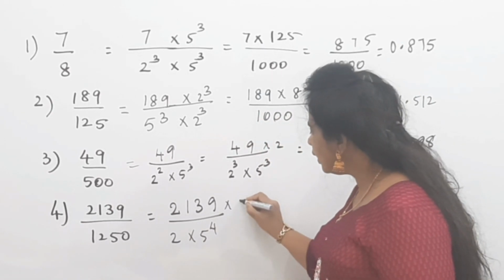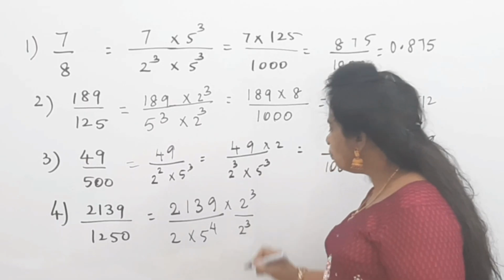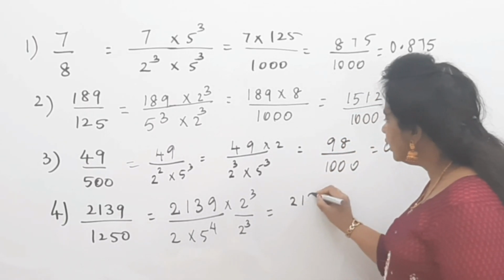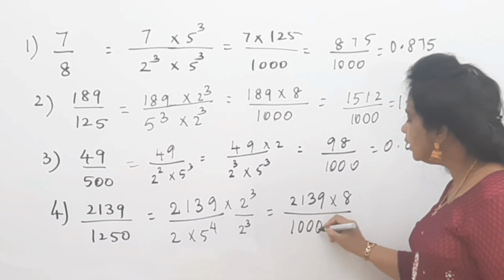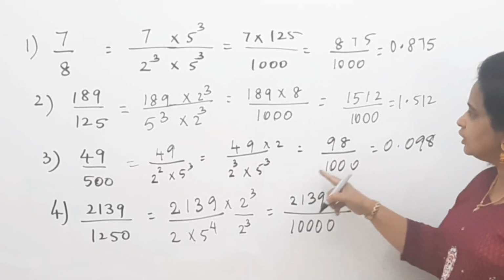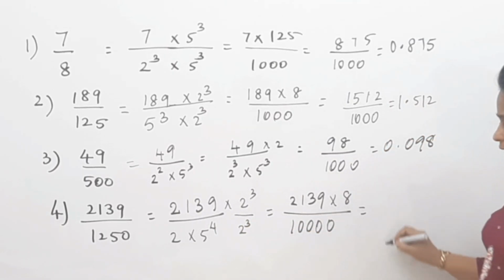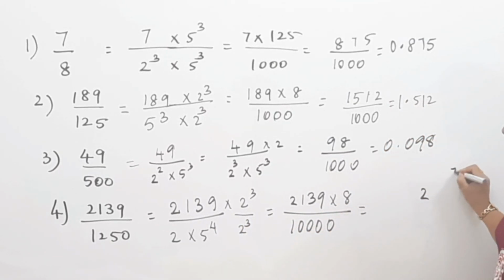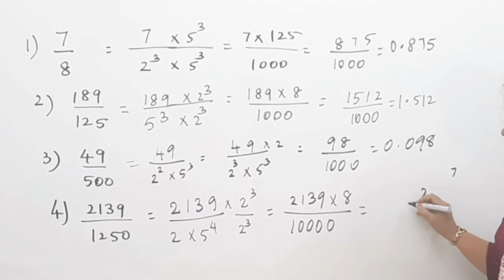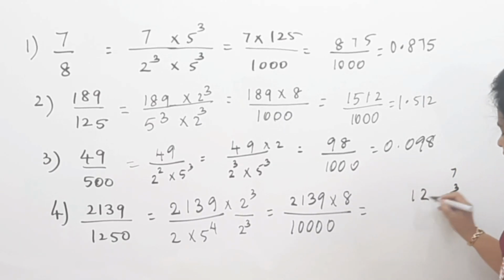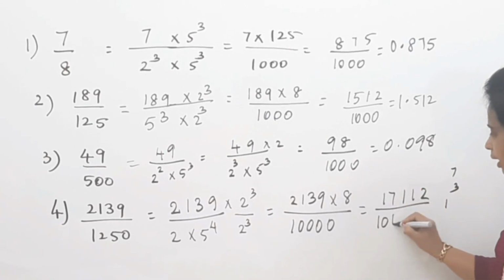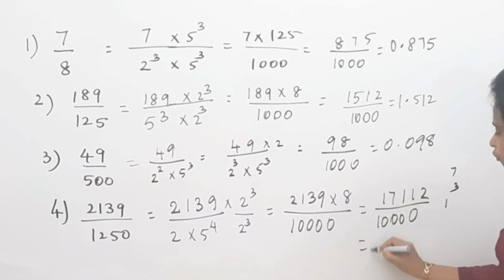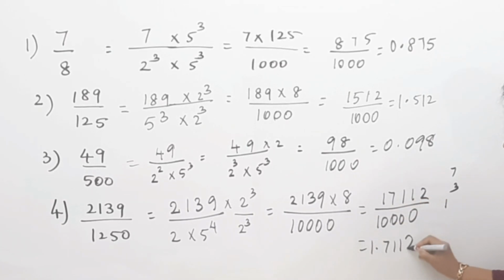So I must multiply by 2 power 3 in numerator and denominator, that is 2139 into 8 divided by 10,000, since power 4 means 4 zeros. 8 nines are 72, 8 threes are 24, plus 7 is 31, 8 ones are 8, plus 3 is 11, 2 eights are 16, plus 1 is 17, divided by 10,000, that is 4 decimal places, 1.7112 is the decimal expansion.